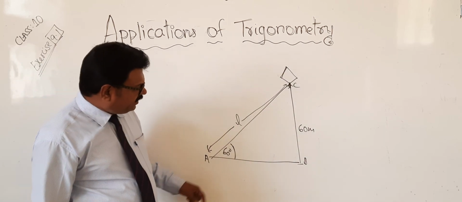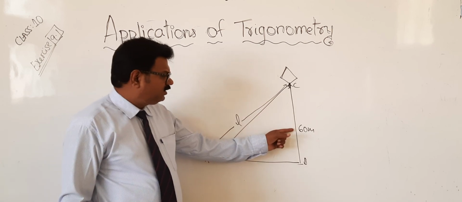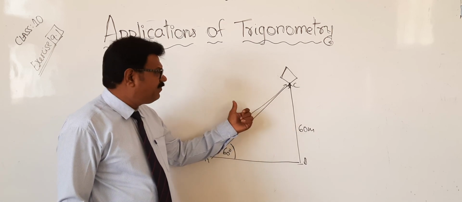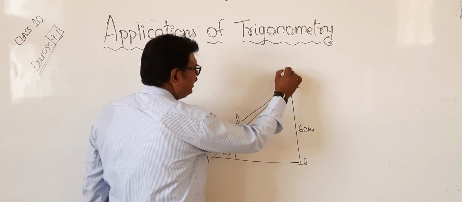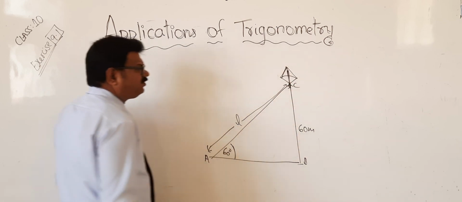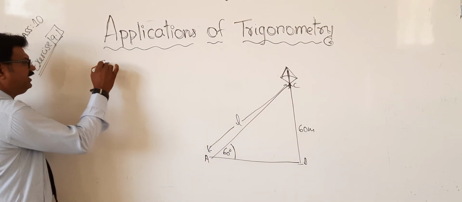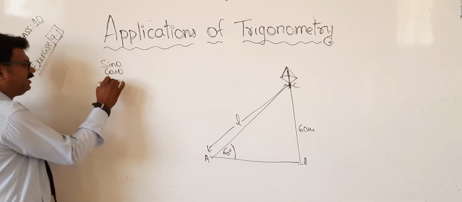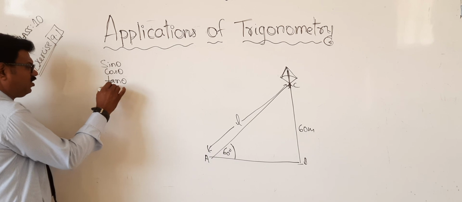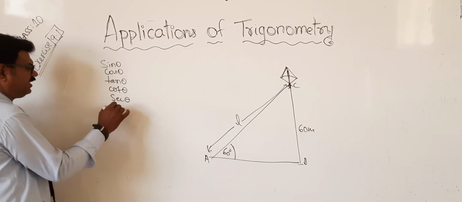Now, tell me the ratio which is connected to the opposite side and hypotenuse. I told you we have 6 trigonometric ratios: sin theta, cos theta, tan theta, cot theta, secant theta and cosecant theta.